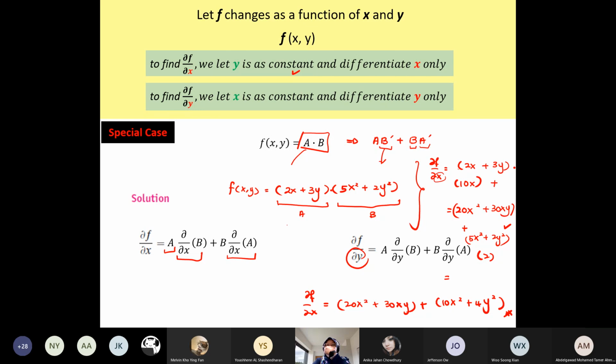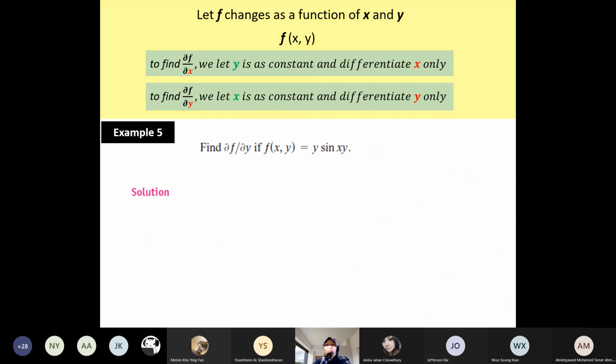Okay, let's look at another example. Find df over dy if function f(x,y) equals y sine xy. If this case is not given in a bracket, you have to determine by yourself.